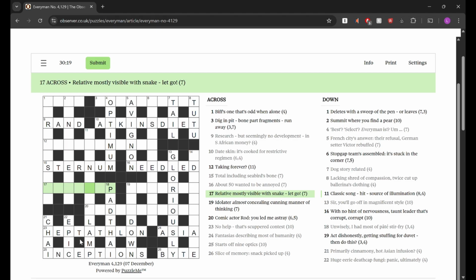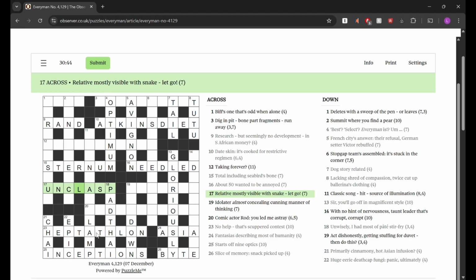go 17 across. Relative mostly visible with snake. Let go. Unwrap. Relative mostly. Visible with snake.